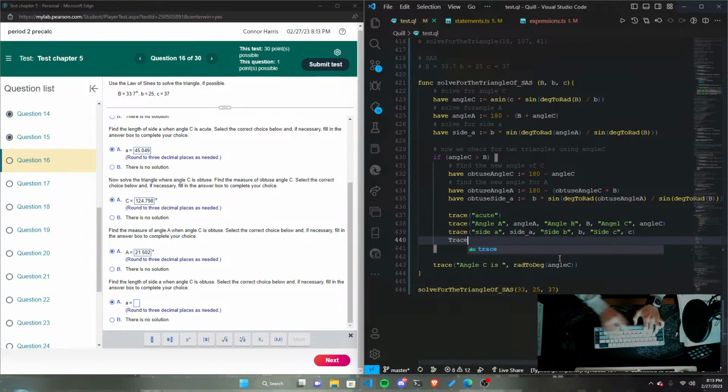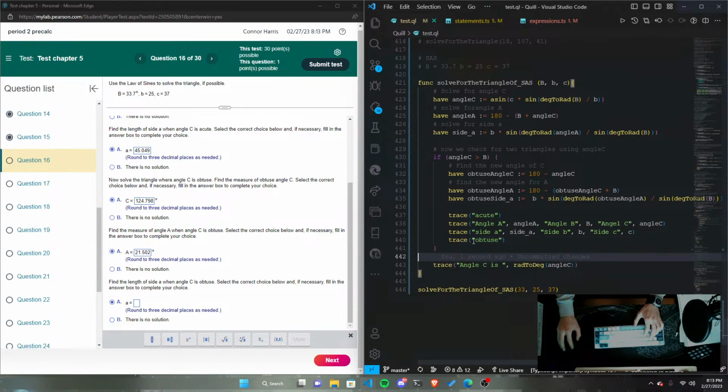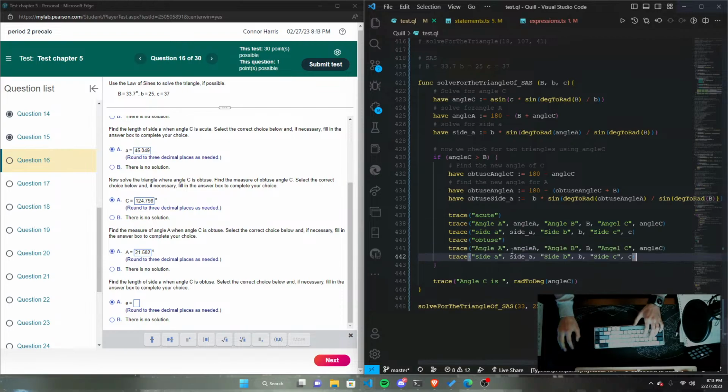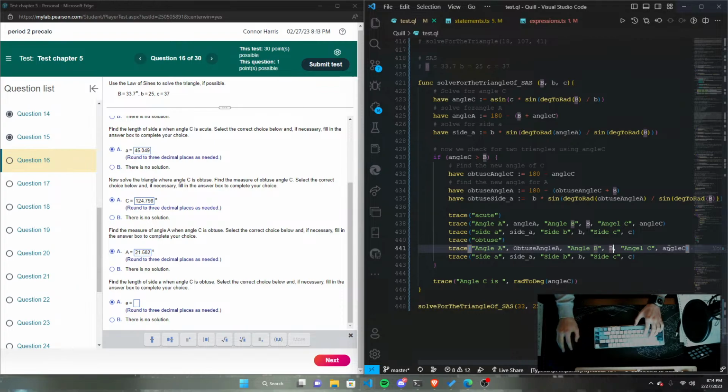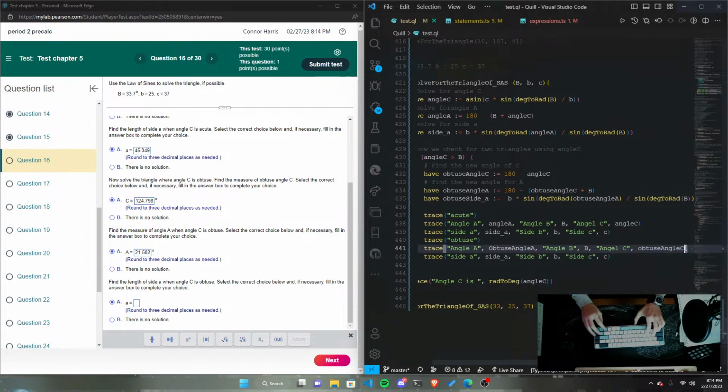So then we're going to say trace the obtuse, and let's copy these two here, but we're going to change some values here. So instead of angle A, we're going to do obtuse angle A. B is going to stay the same because B is our given. We're going to do obtuse angle C. I see a problem already.